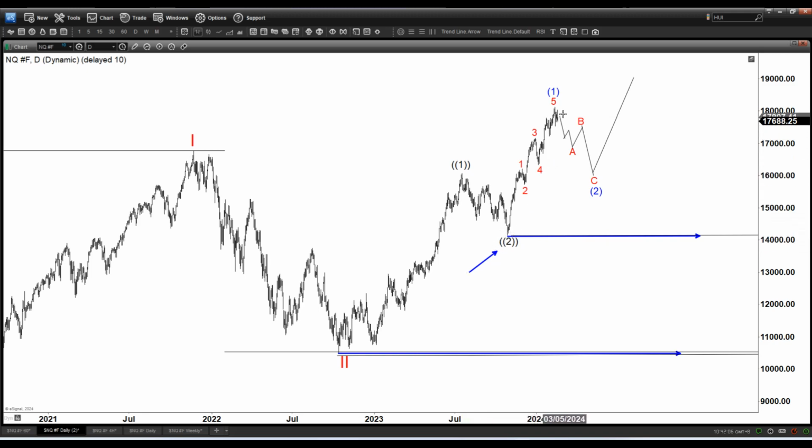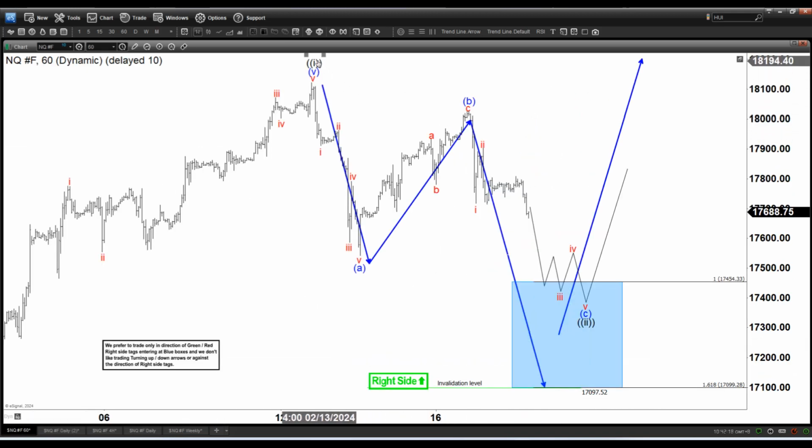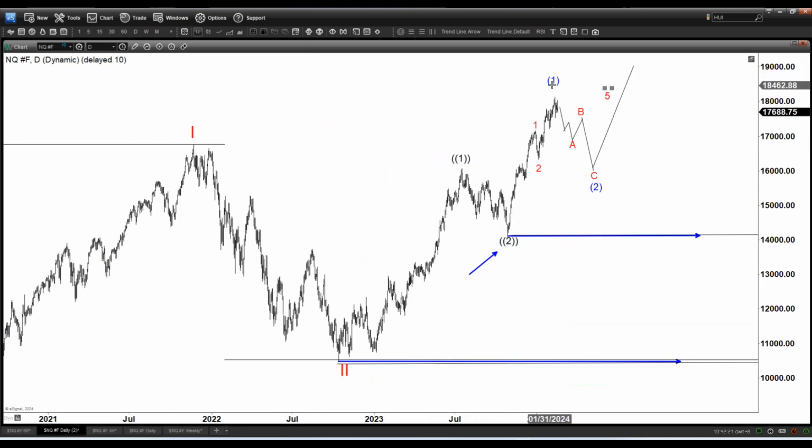Now the shorter cycle can be either this, or it can be 1 2 here, and then 1 2 here, and that's actually the current count. It is a 1 2 1 2 from here. So that means the pullback is only a short-term pullback, and then it can go higher again. But like I explained, we could potentially do a bigger pullback before we extend higher again. So that's something you should be aware of.